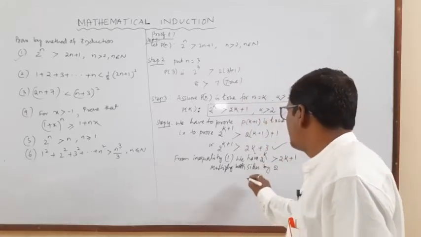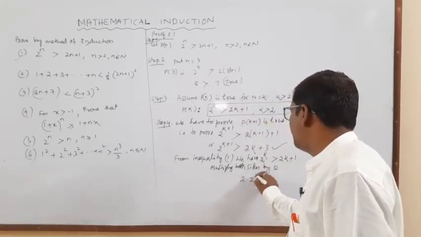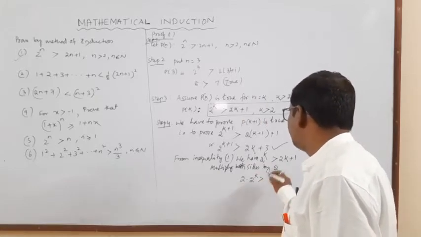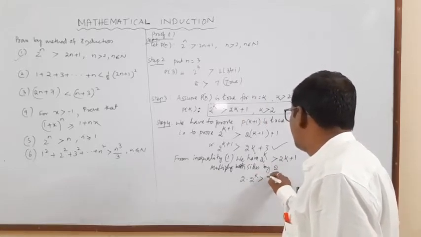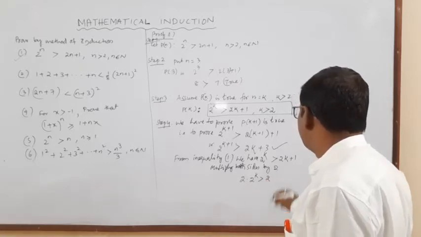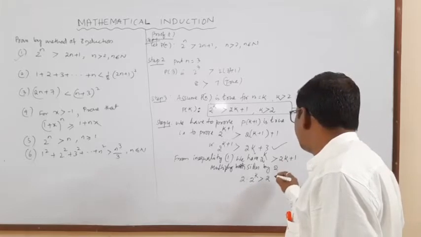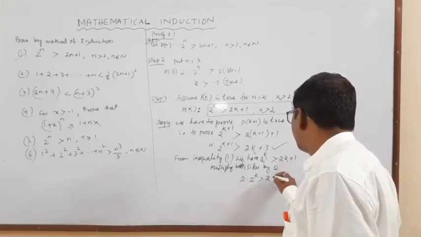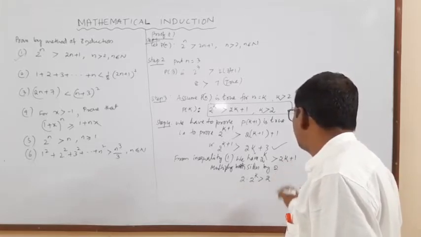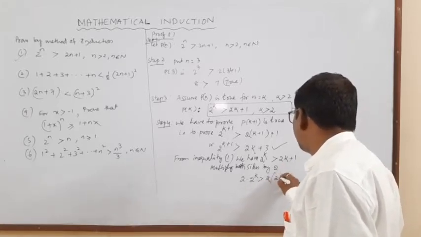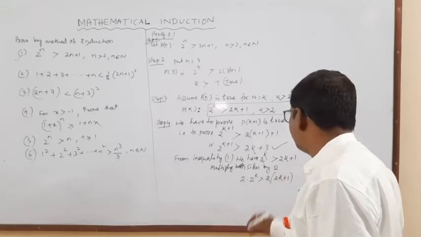That is 2 into 2 to the power k greater than 2 into (2k plus 1).